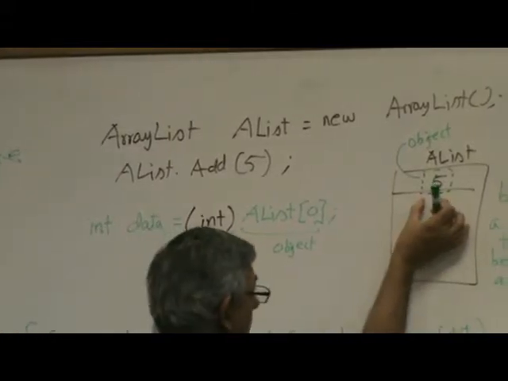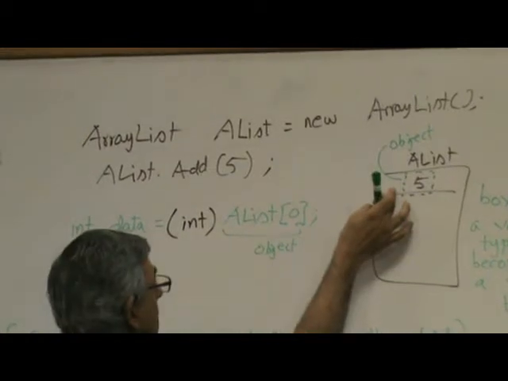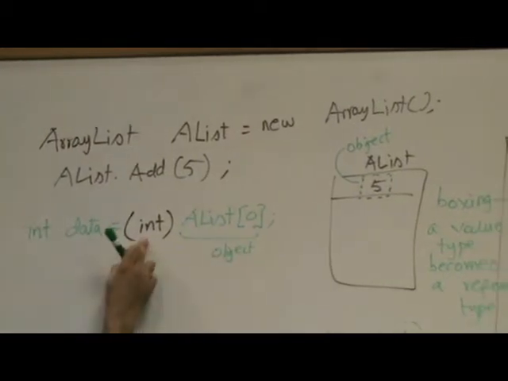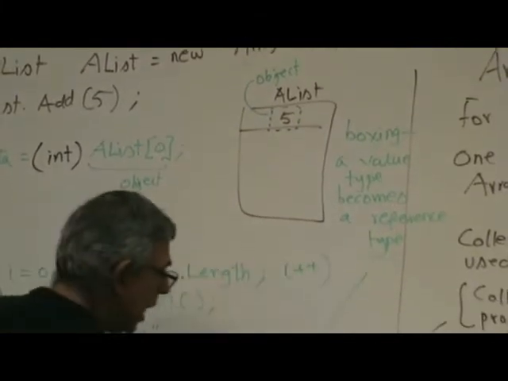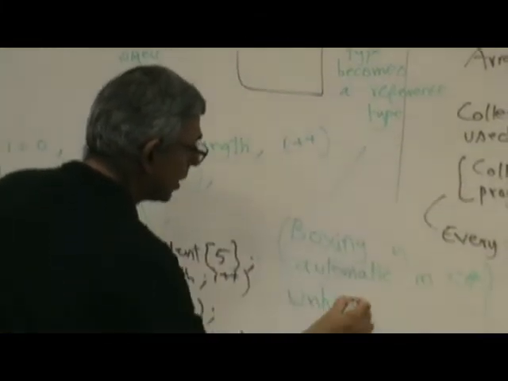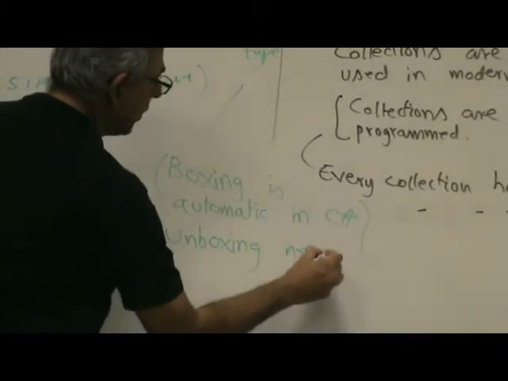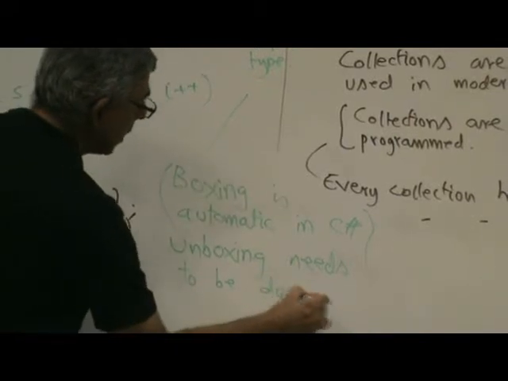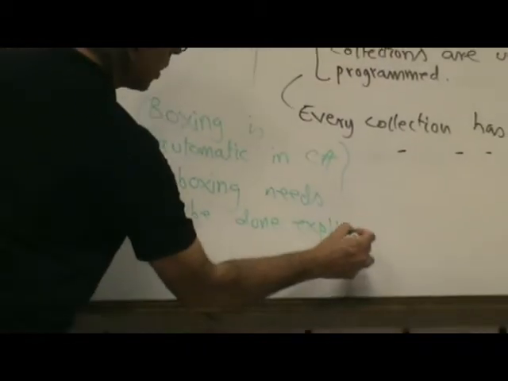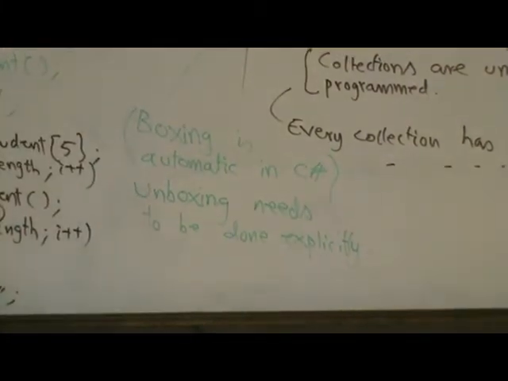As we recover it, you can see the object, which was a reference type, needed to be converted to a value type, right? So that process is called unboxing. Unboxing needs to be done explicitly, meaning you as a programmer have to write the code to convert the type to whatever type you want.